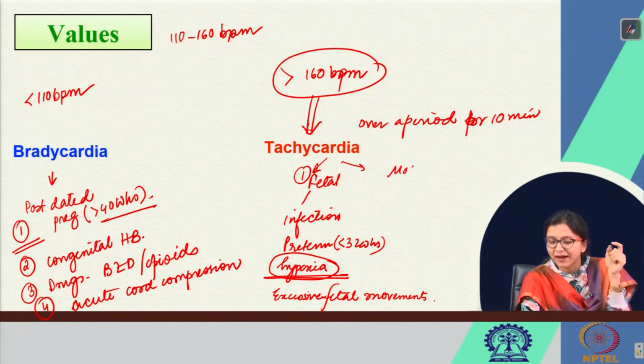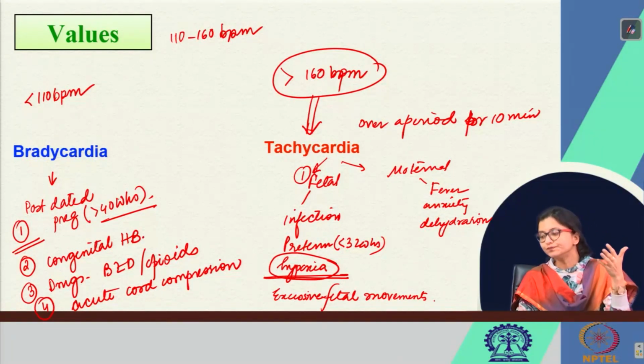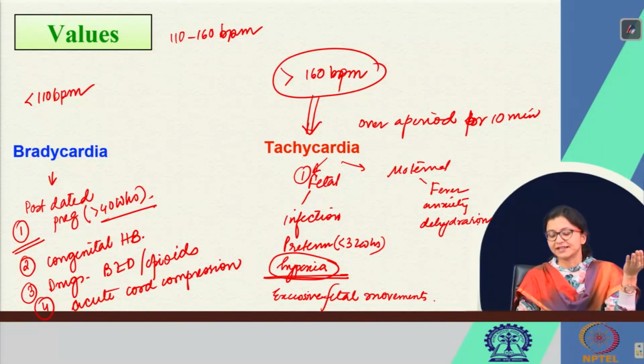Some of the maternal causes are maternal fever, maternal anxiety, maternal dehydration. All these can lead to maternal tachycardia, which will in turn lead to fetal tachycardia.